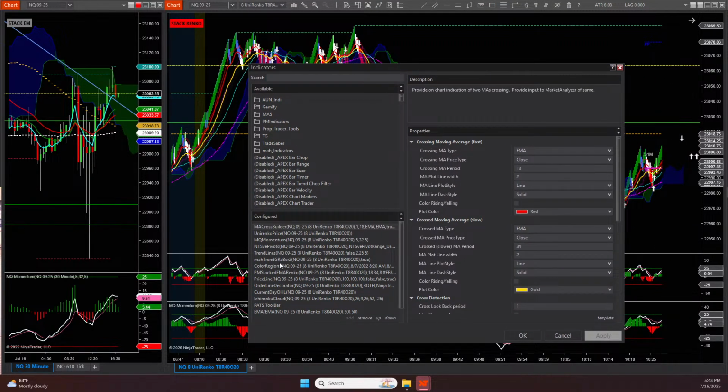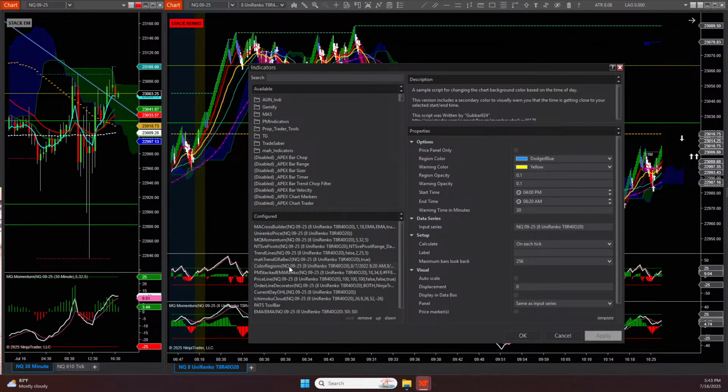This indicator is called color region, and I do have it here at 8:20, which is the time that gold is actually moving. So I'm going to put this one market open at 9:30 a.m. and that is going to correct that indicator.